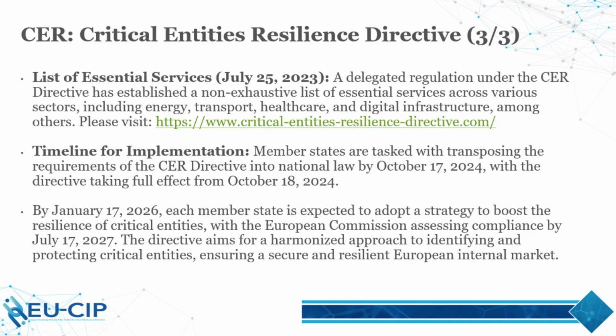The European Commission will then assess each state's compliance by July 17, 2027. Through the CER Directive, the EU aspires to a harmonized and fortified approach, ensuring the security and resilience of its critical entities, and by extension the well-being of its internal market and citizens.